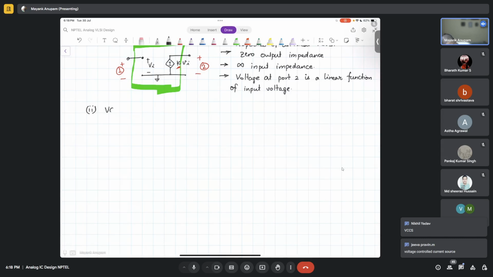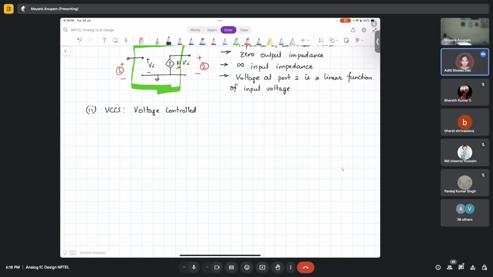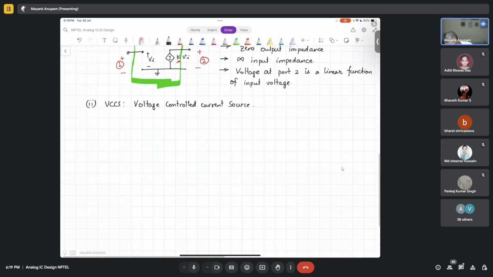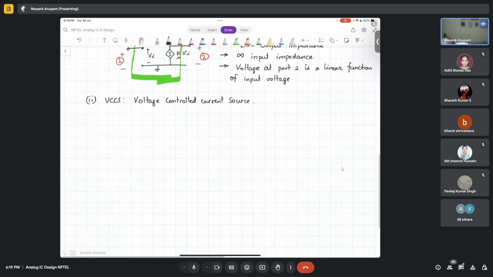Yes, so VCCS is another one, which stands for voltage controlled current source. What is the symbol of VCCS? Let me draw it. It's again the same thing, and you have it here.